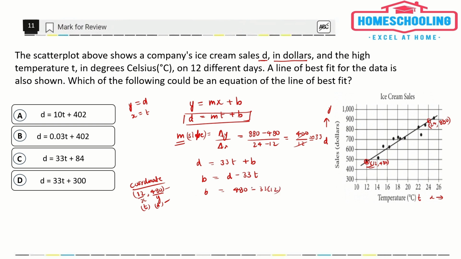If we subtract it, let me put it on my calculator. So your y-intercept is 84. Now we can put the slope value and the y-intercept value in this equation. So D is equal to slope m is 33, so 33T, and y-intercept is 84. So option C is your correct answer.